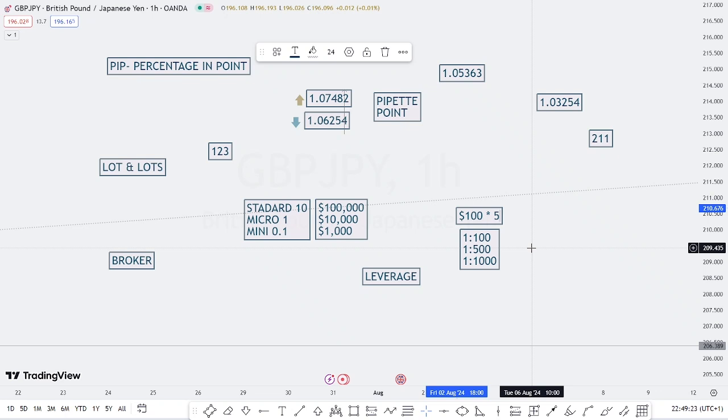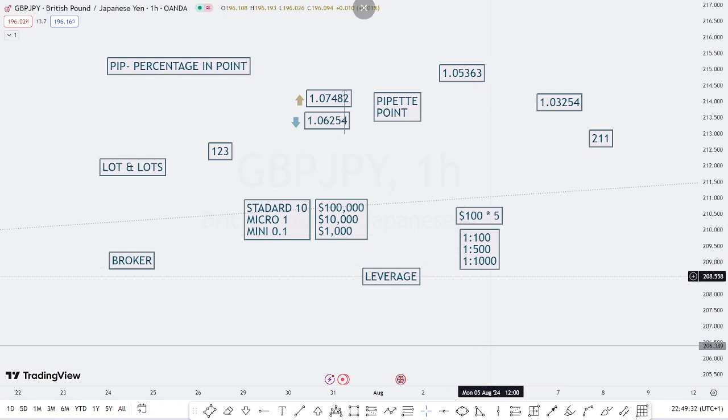This your $100 multiplied by 500. Just know that with $100 and you're using the leverage of 1:500 or 1:1000, that means you can now control this market.